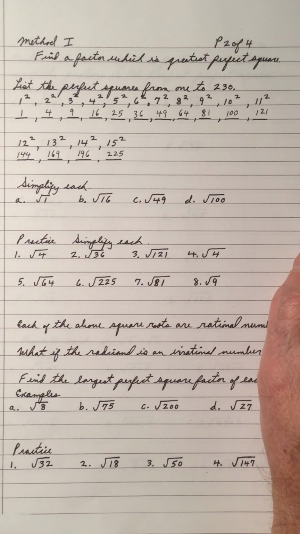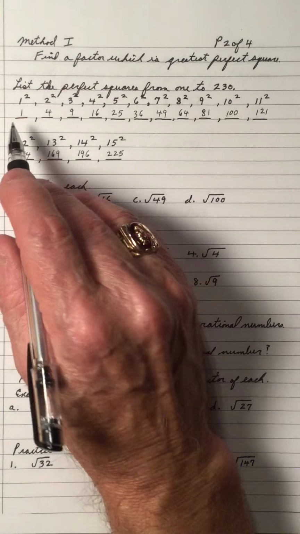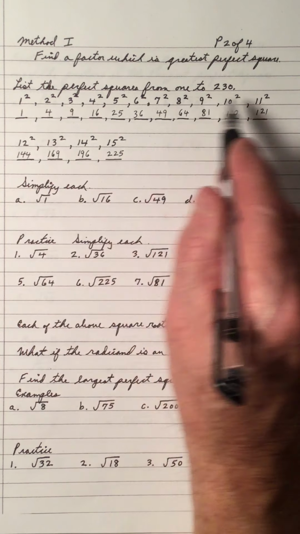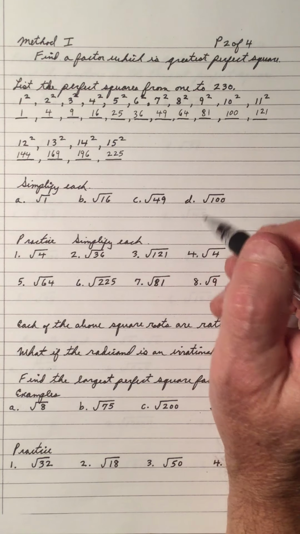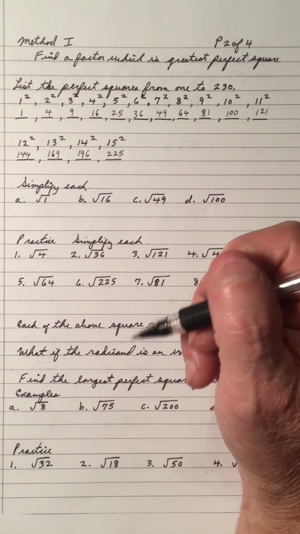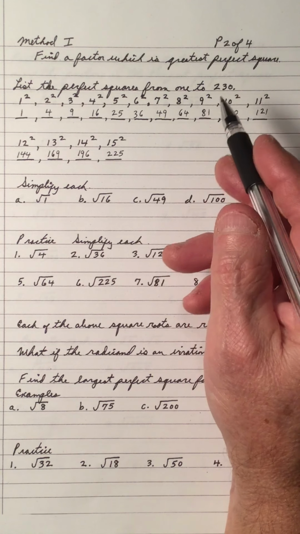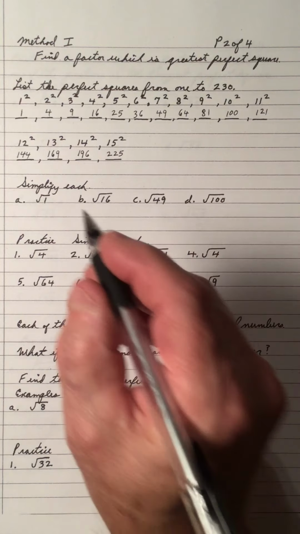You should memorize all the perfect squares, as you can see, for the first 15. That makes the simplification of radicals by the greatest perfect square easier.